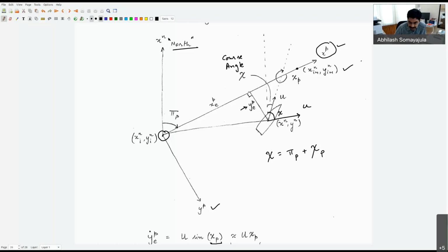And if I draw a line parallel to the line joining the two waypoints, then this angle is psi_p. And since the x-axis is pointed in this direction, this angle is chi_p. So psi_p plus chi_p is chi. Is that making sense? Yes, sir. Right. Yes, sir.